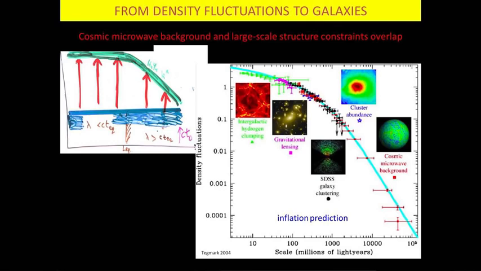Just fluctuations, and this is the scale: small scales, tiny scales, fractions of the size of an atom, to the most enormous scales you can imagine today. The quantum theory, if we had one, should predict there are fluctuations everywhere, and that's a conjecture. But if that's how the universe began, we don't have this precise theory yet, then as time goes on they lead to density fluctuations, that's the green line, and the smaller ones have more time to grow, so they're bigger. This is what gives us the seeds, the wrinkles in space-time, from which all structure grows.